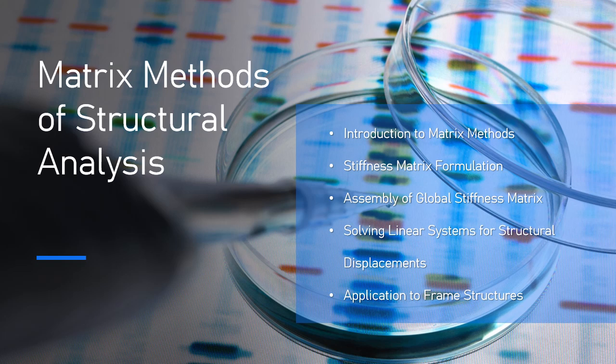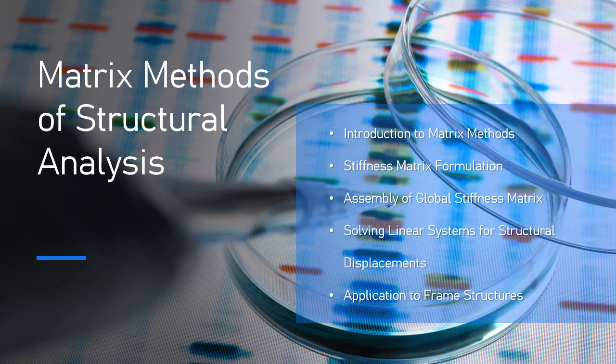2. Formulating the local stiffness matrix for each element. For each element, e.g., truss, beam, frame, formulate the local stiffness matrix that relates the forces and displacements for that element. For example, truss element, a 2x2 matrix for axial deformation.